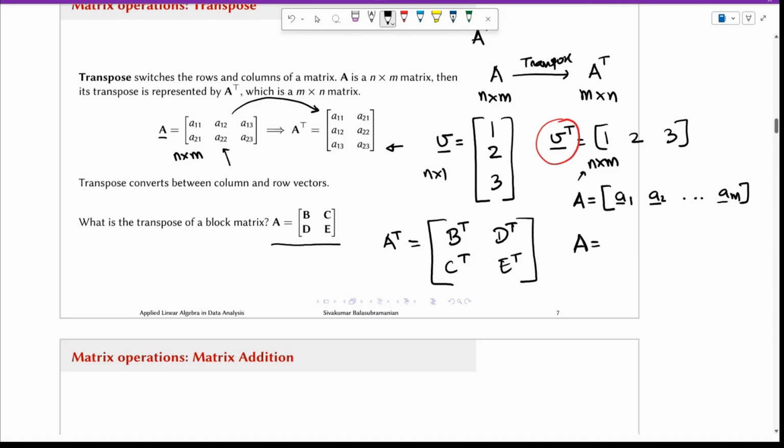Okay? What does A2 represent? Second column of A. Okay. So here I've written A in terms of its columns. A also has rows. That means we should be able to write A in terms of its rows as well, right? The convention we'll follow is this.